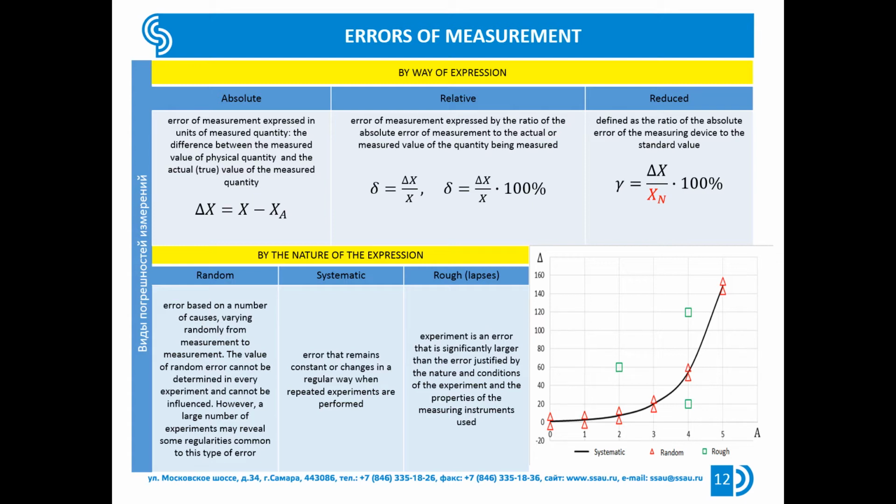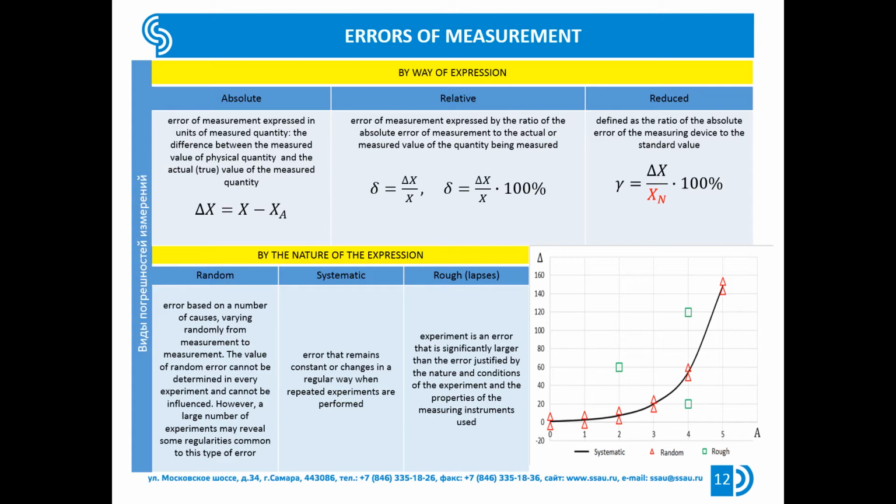Measurement errors are classified according to the following characteristics. A distinction is made between absolute, relative, and reduced error. Errors are divided into random, systematic, and rough according to their nature. Depending on where it occurs, a distinction is made between instrumental, methodological, and subjective errors.